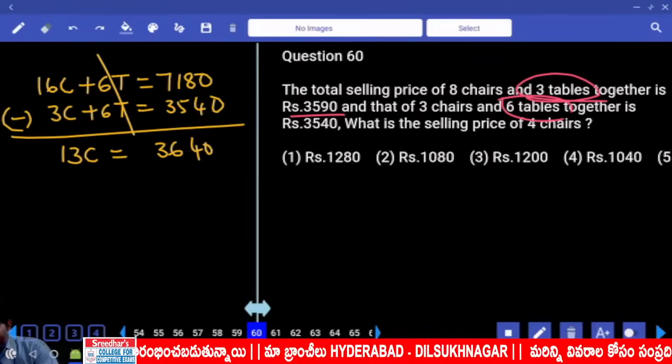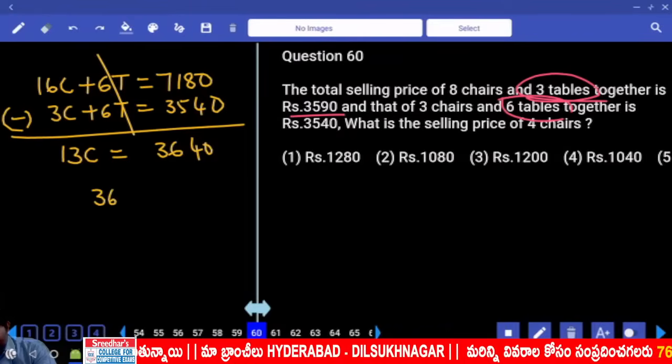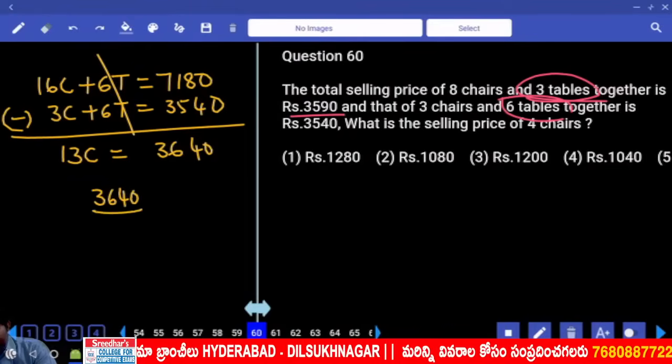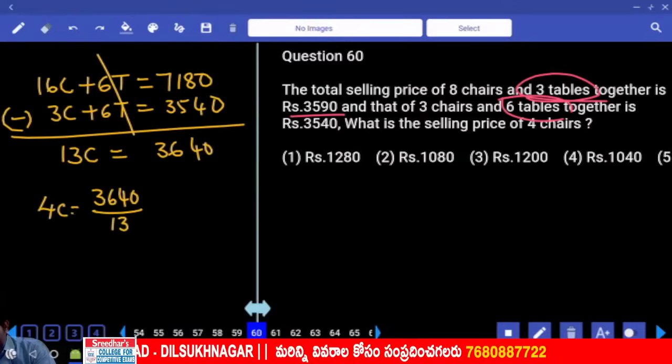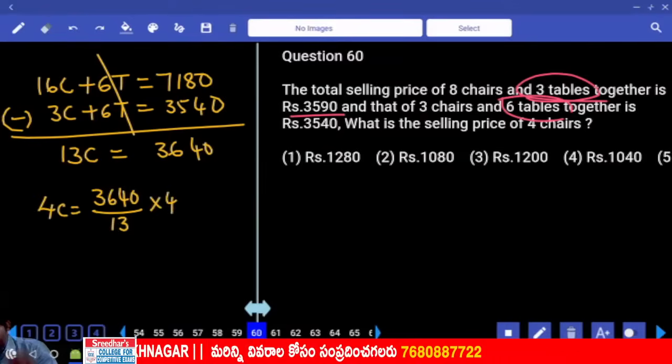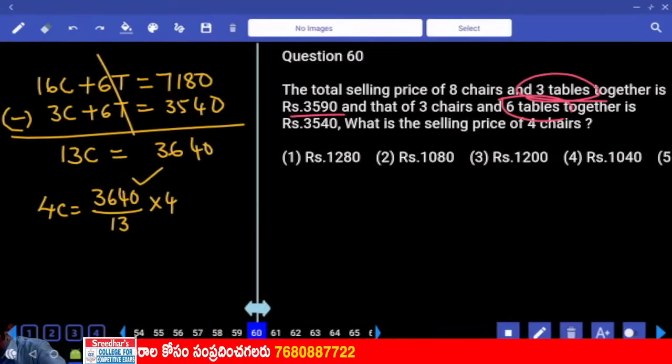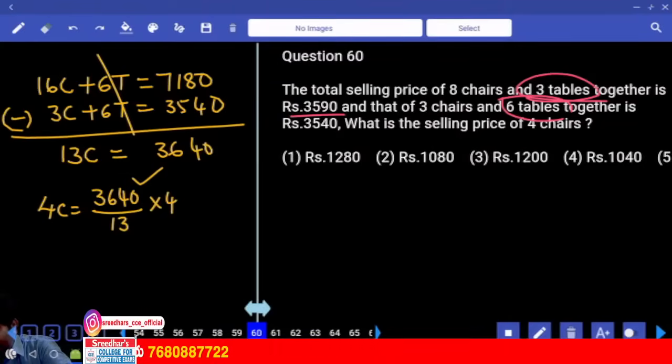36. From this, 1 chair cost is equal to 3640 divided by 13. And the question is about 4 chairs cost only, into 4. Got it? In the numerator there is a 0, and the denominator is 13, so can you cancel 0 from the numerator? Leaving 0.